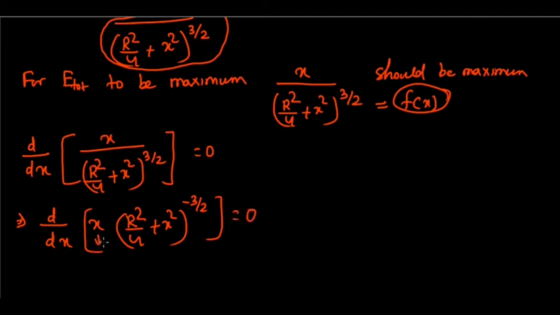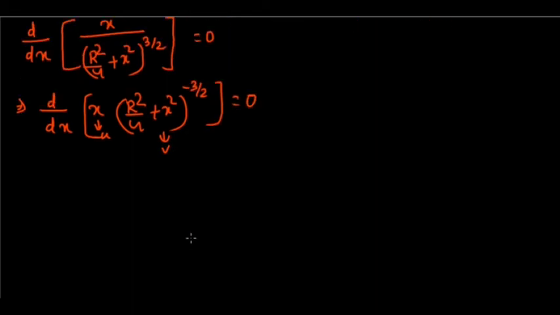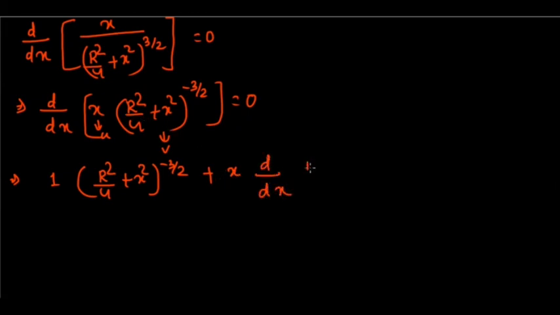Now assume that this x is u, the first function, and this is v, the second function, and we can find the derivative. So derivative of the first, d/dx of x, that is 1, into the second as constant, (r²/4 + x²) power minus 3/2, then plus first function as constant, and derivative of the second, d/dx of (r²/4 + x²) power minus 3/2, this should be equal to 0.